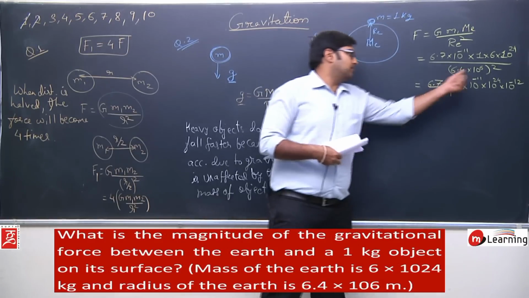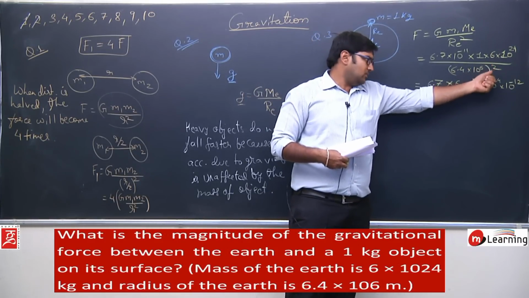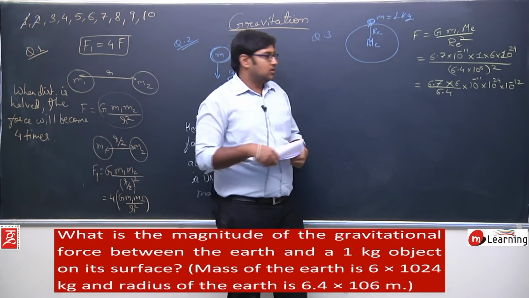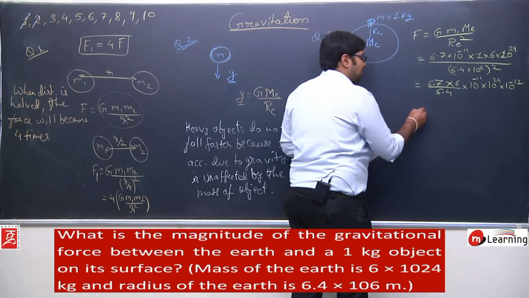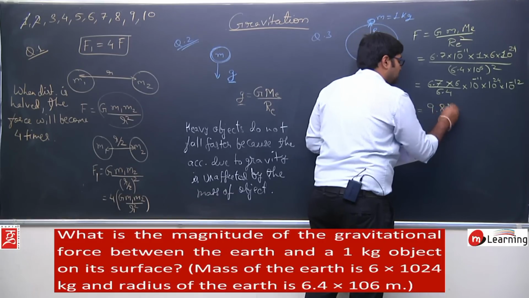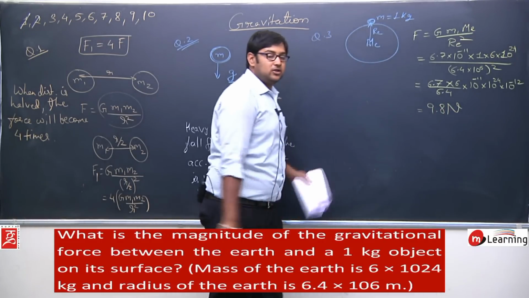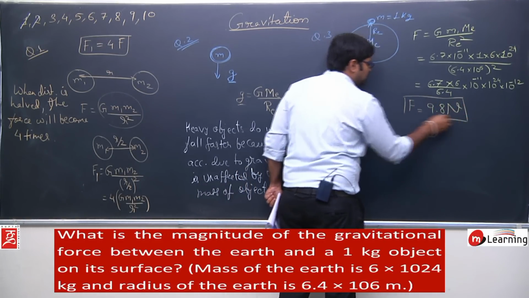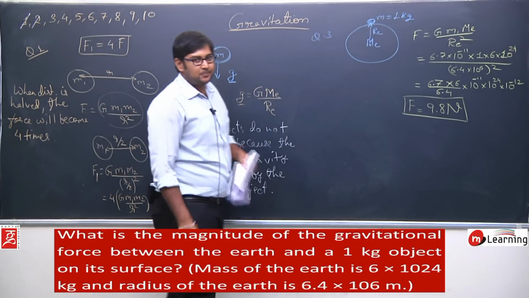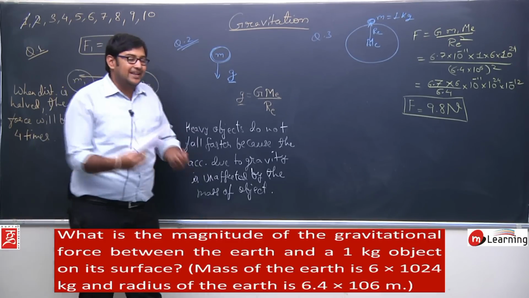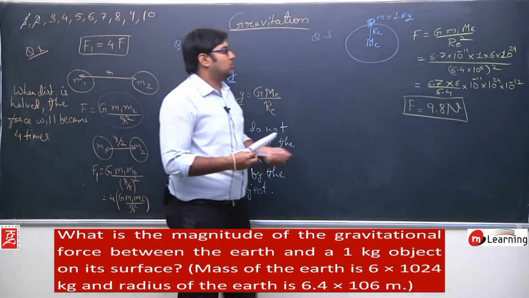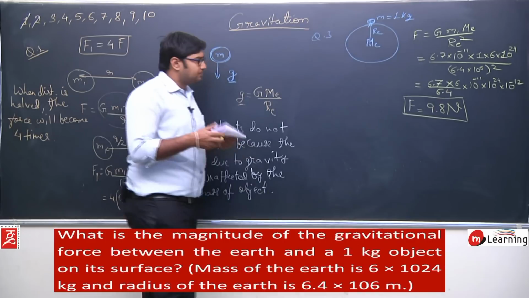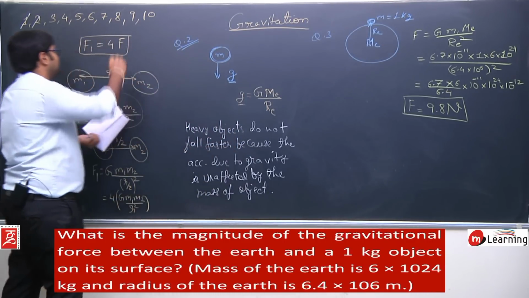Now when you solve this expression, you will simply get 9.8 newtons. A 1 kg object kept on the earth's surface experiences a gravitational force of 9.8 newtons. Okay, so this is the third question.